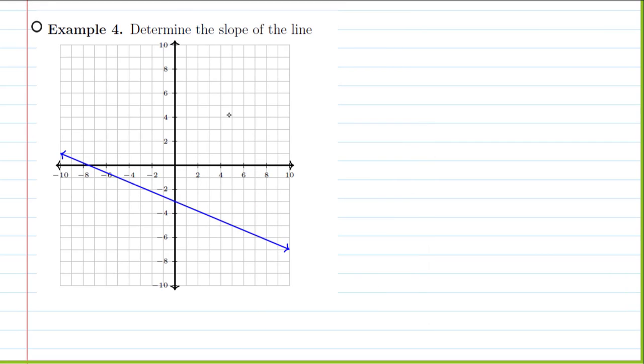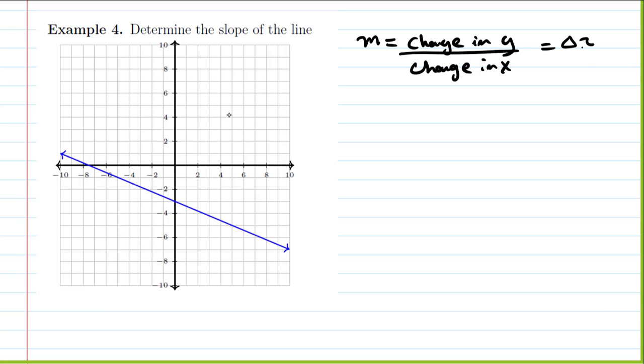To determine the slope of a line, we just need to recall our formula for the slope is the change in y over the change in x. We'll abbreviate this as delta y over delta x, where the Greek letter capital delta, this little triangle, is an abbreviation for the change in.